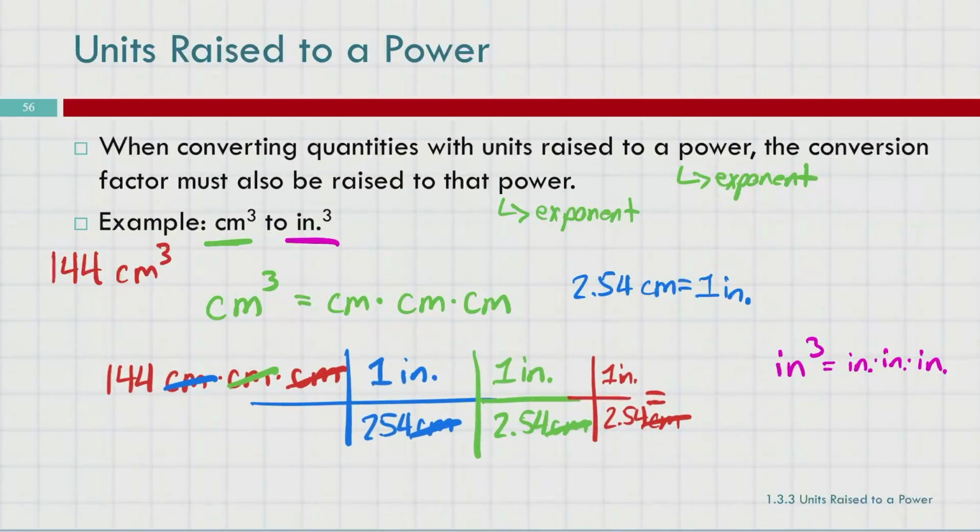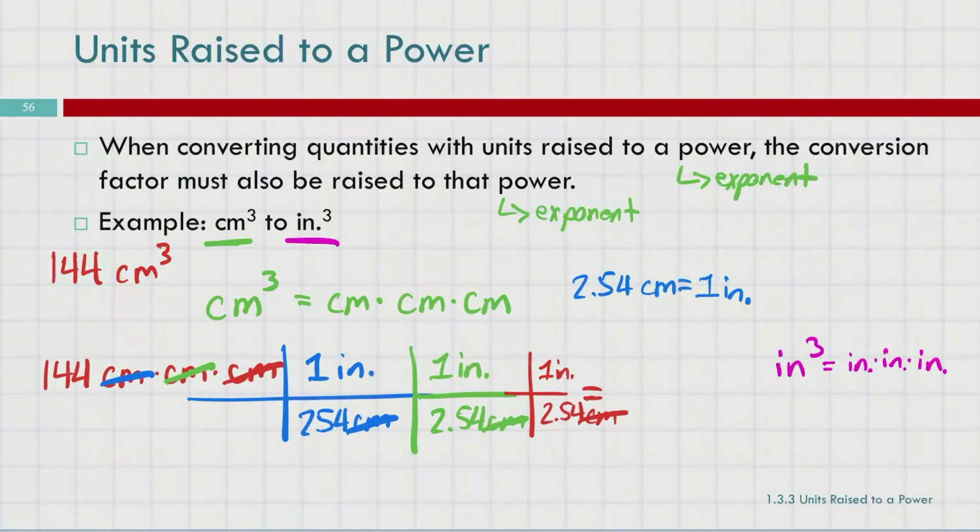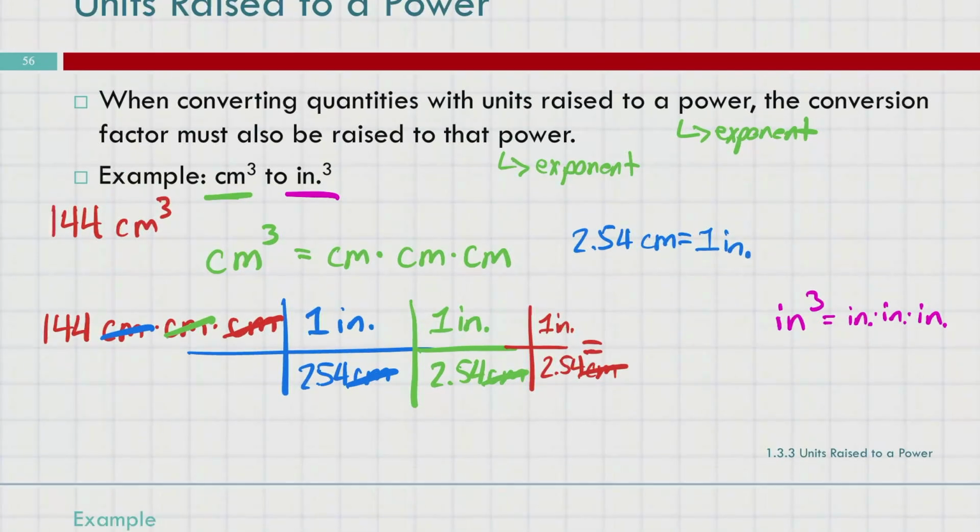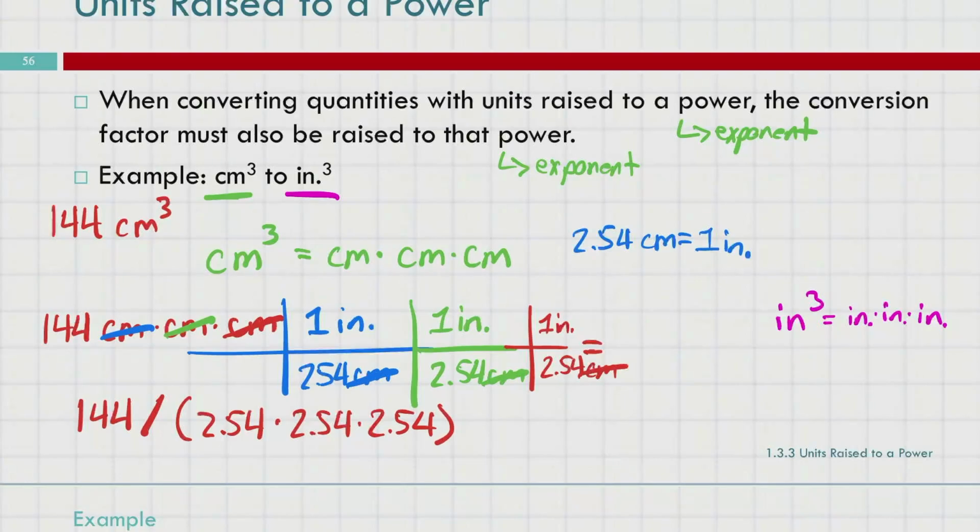Then, because I ran out of room, you'll find that's a recurring theme, we'll scoot everything over. So that's what we've got. We've got 144 divided by 2.54 divided by 2.54 divided by 2.54. There's 2 ways that I foresee you being able to put this in your calculator. One of those ways, divided by, sign, and then use parentheses. 2.54 times 2.54 times 2.54.